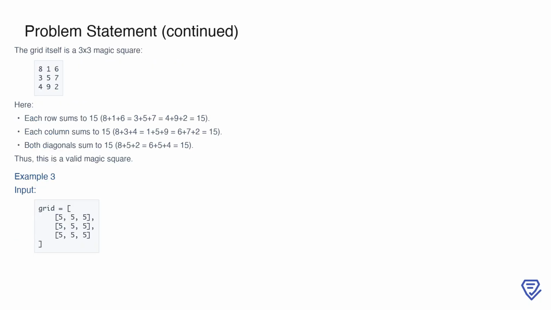Now, consider a second example where the entire grid itself is a 3x3 magic square. The values in this grid are 8, 1, and 6 in the first row, 3, 5, and 7 in the second row, and 4, 9, and 2 in the third row. Once again, all the conditions for a magic square are met. Each row sums to 15: 8 plus 1 plus 6, 3 plus 5 plus 7, and 4 plus 9 plus 2 all equal 15.